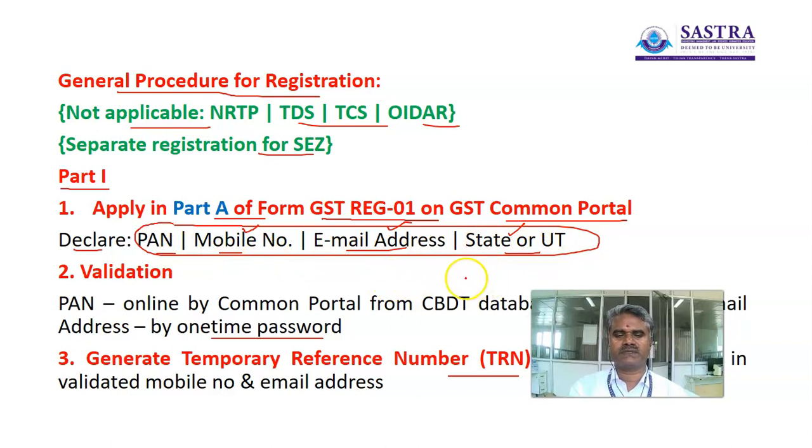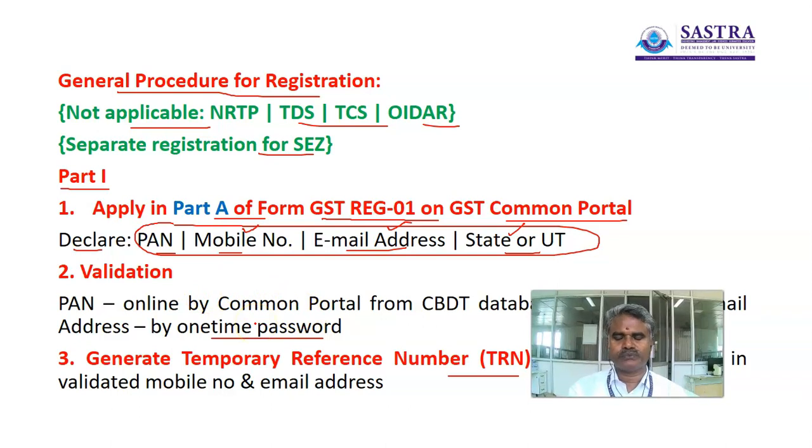State means the state in which you are doing business and the territory in which you are doing business. Then once you submit all the details, one validation will happen. They will send one OTP to your registered mobile number or email address.